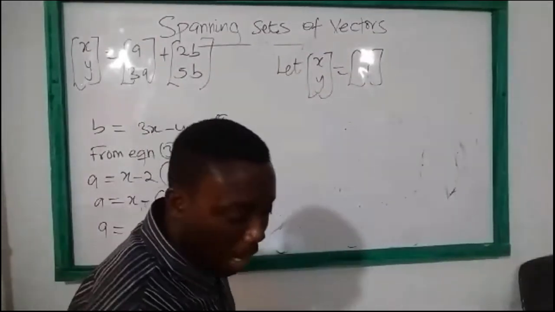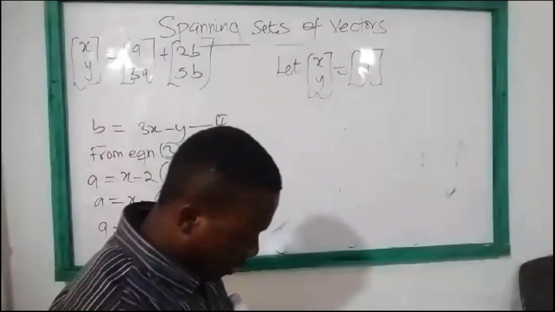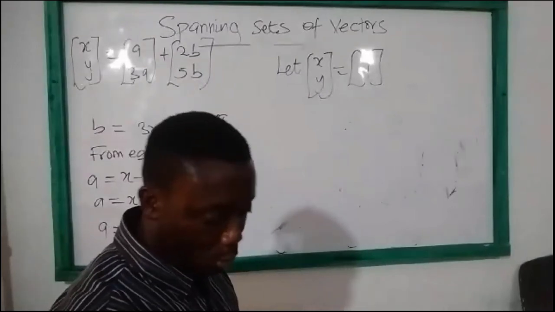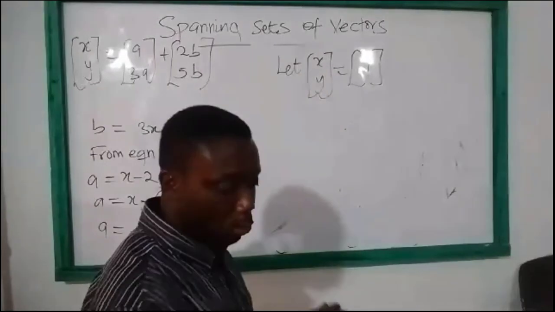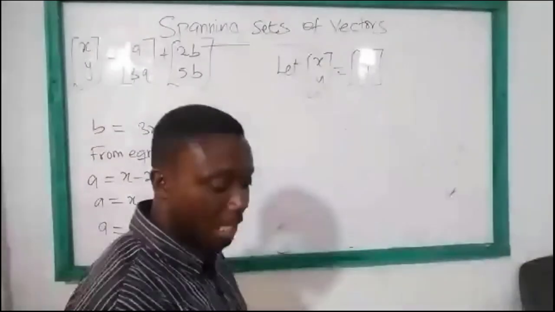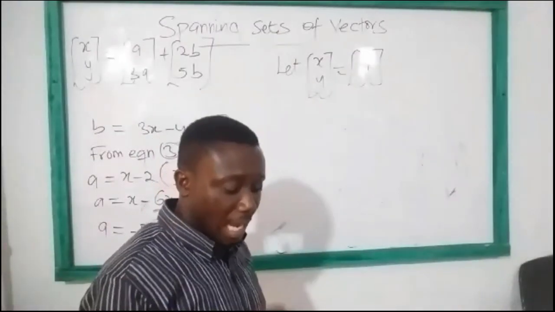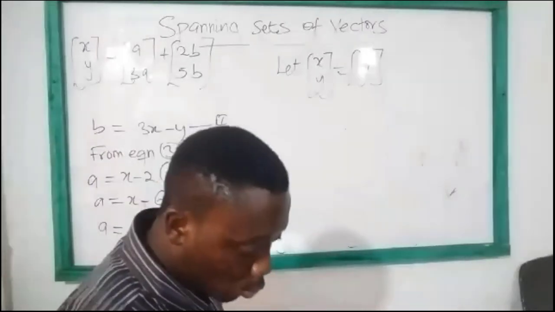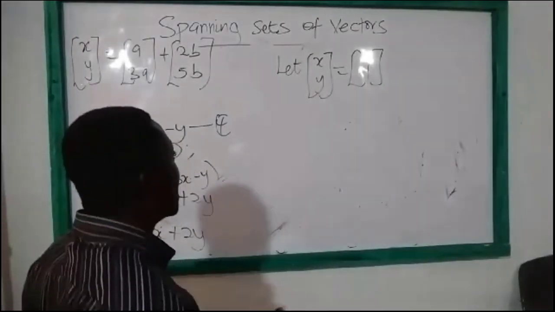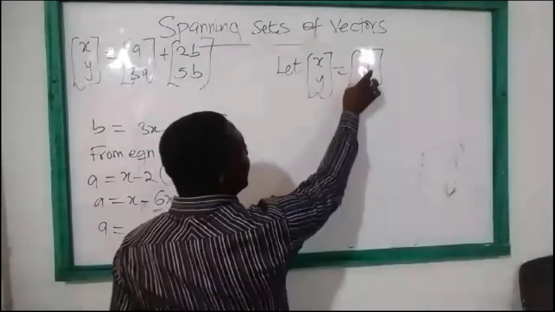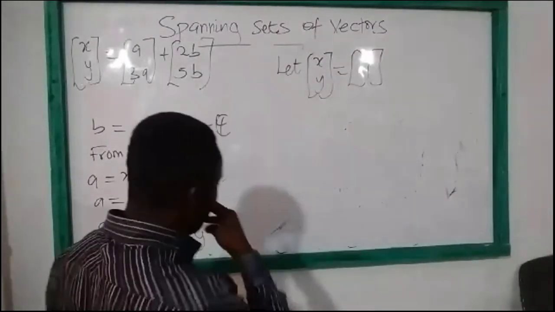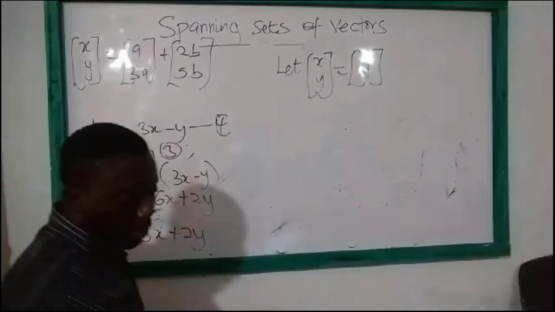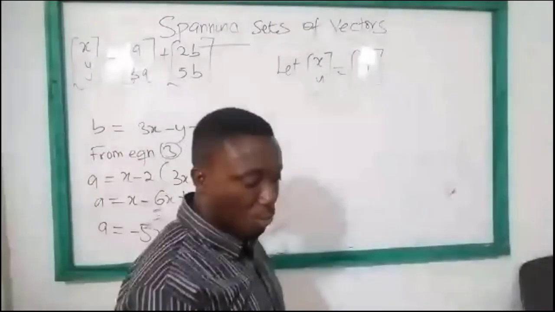You can use 1, 1, any vector of your choice. But at the end of the day, it should be a two-dimensional vector, because we are working with what? A dimension in R2. So it must be a two-dimensional vector. You can pick any value to represent your X and Y and test. Now, I am using 0, 1.